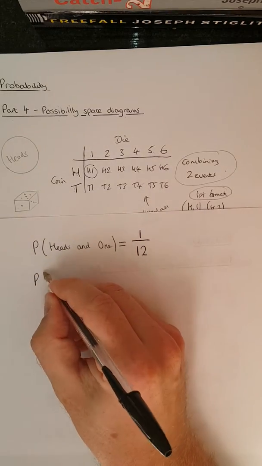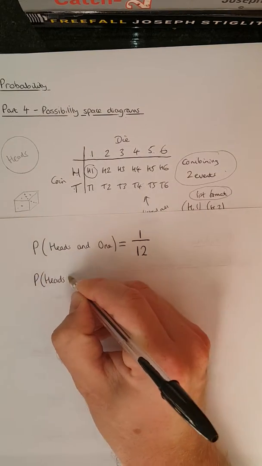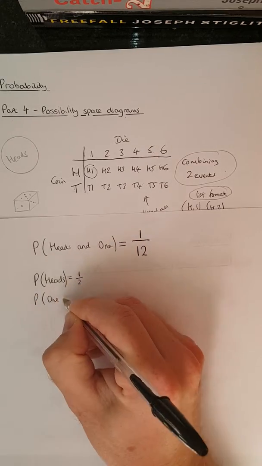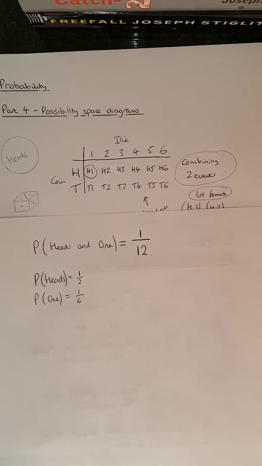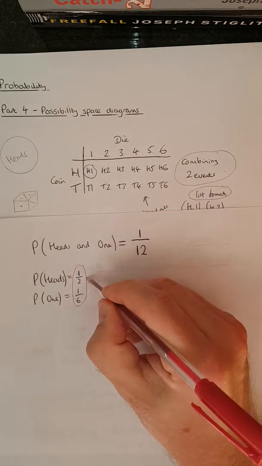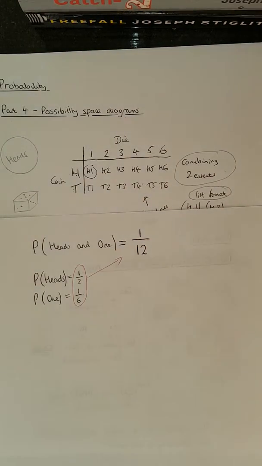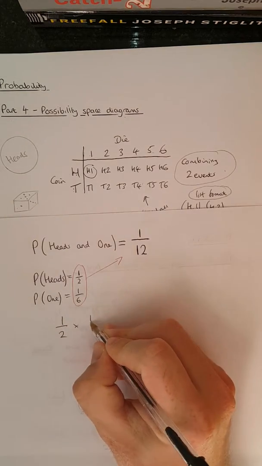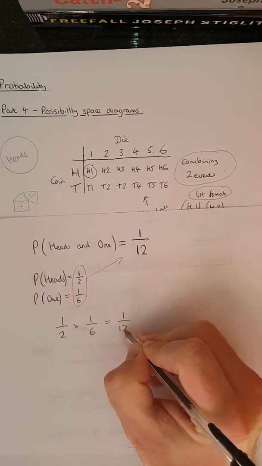Now bear in mind the probability of a heads is a half and the probability of a 1 on a die is 1/6. Can you see some kind of link here? Can you spot a relationship that we can use? 1/2 times 1/6 is 1/12.